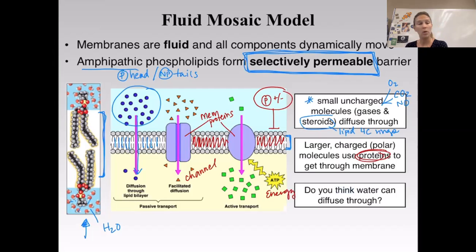All right, so what about water? Water is small. Do you think it could get right through the plasma membrane? So what do you think? What do we know about water? We know that water is polar, meaning it has partial negative and partial positive charges. So water is not going to be able to diffuse right through the plasma membrane.